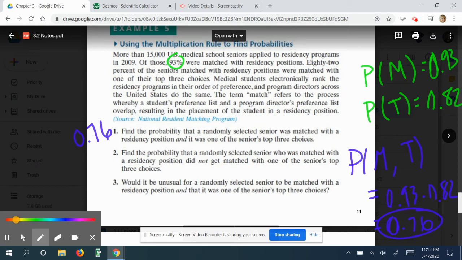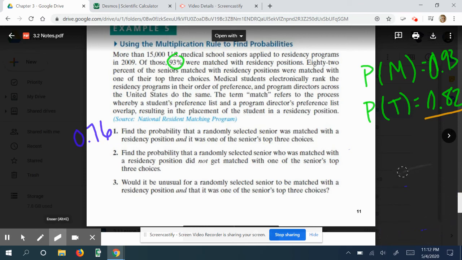It says, find the probability that a randomly selected senior who was matched with a residency did not get matched with their top 3 choices. Okay, so think about if the probability of being matched with their top 3 is 82%, probability of not being matched is going to be 1 minus 82. Okay, so let's look at that one. Okay, so I'll write that in yellow. So the probability of being matched and not their top 3.